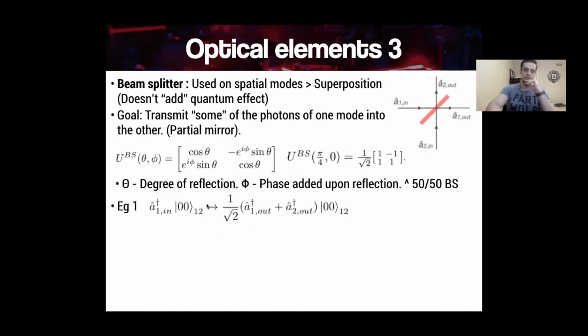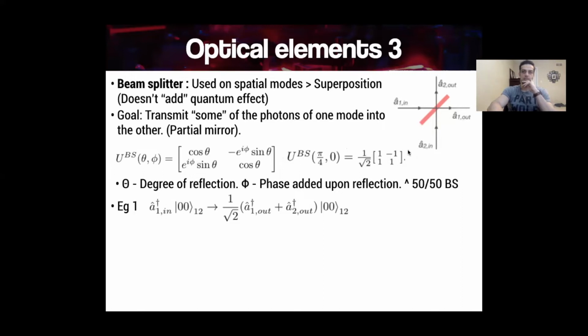So this state here describes two modes, with a photon in the first mode and no photon in the second mode. How to see that? Well, we have our vacuum state, and we have a creation operator acting on the first mode. So we can see the action of the 50-50 beam splitter on this creation operator, and what it gives us back.